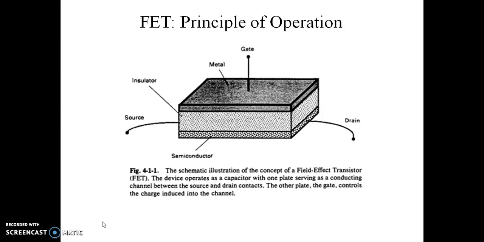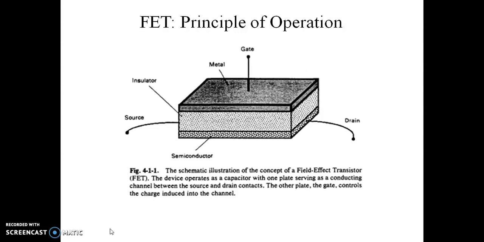Several kinds of field effect transistors based on the same principle of operation are available. Some of them are the metal oxide semiconductor field effect transistor, or MOSFET, also called the metal insulator semiconductor field effect transistor, or MISFET, the metal semiconductor field effect transistor, or MESFET, the junction field effect transistor, JFET, etc. are some of the forms of field effect transistors working on the same principle of operation.